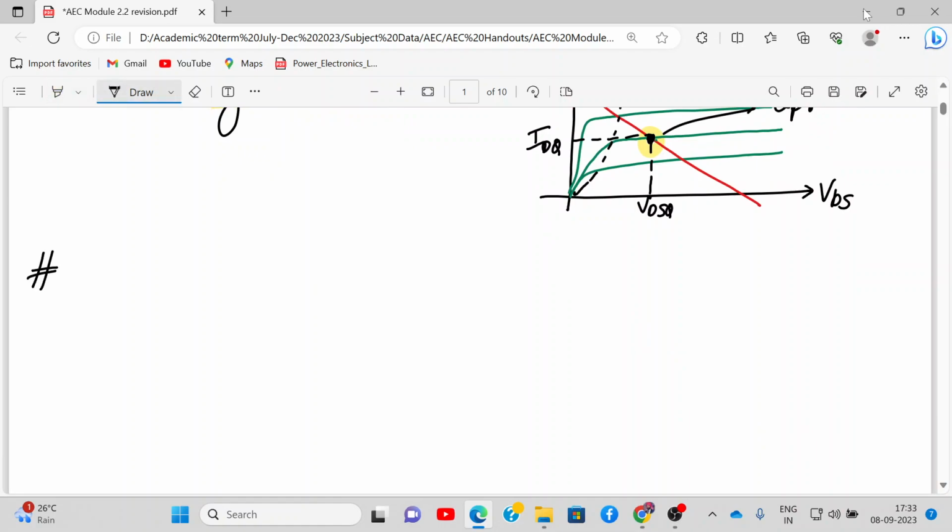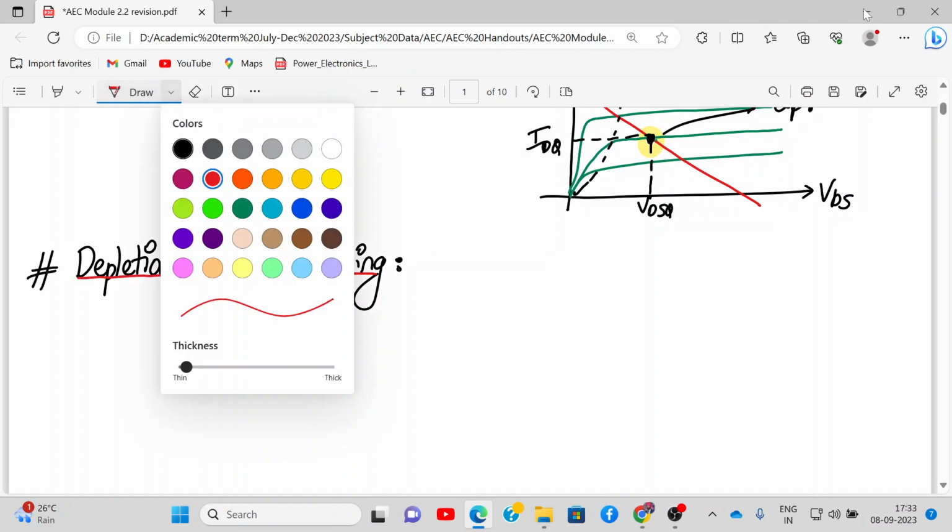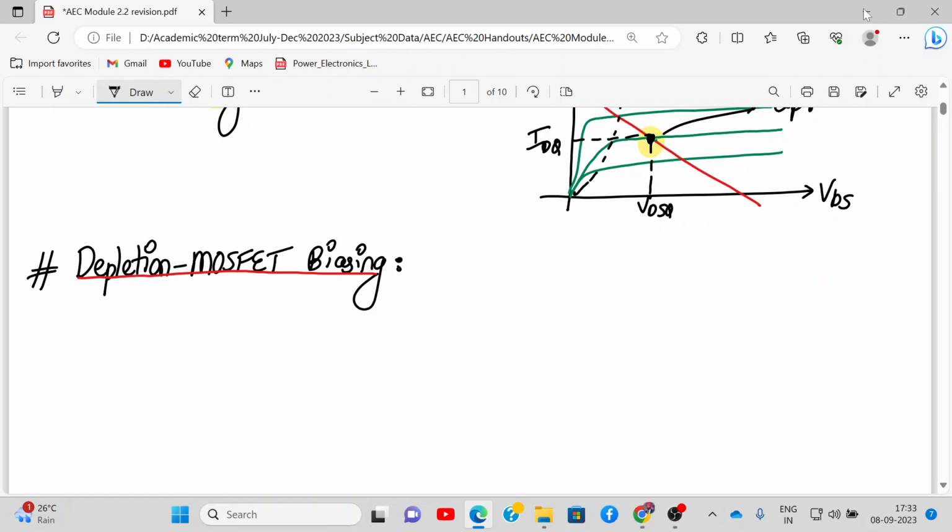Please write down depletion MOSFET biasing. In the morning session, we discussed the depletion type MOSFET, which can take a VGS value that is 0, negative, or even positive.